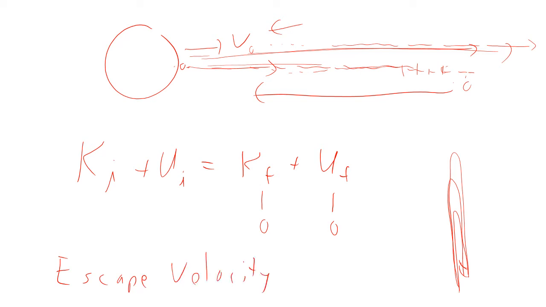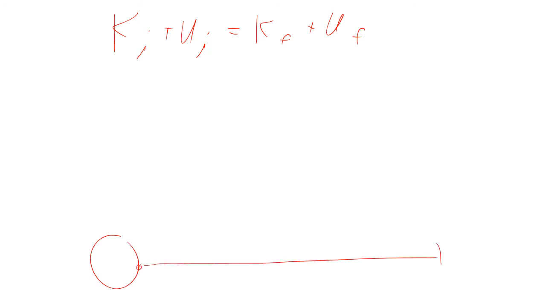So what we want to do is find the escape velocity. The critical case is you shoot the thing upwards and it gets infinitely far away and stops. So the final kinetic and potential energies are both 0.